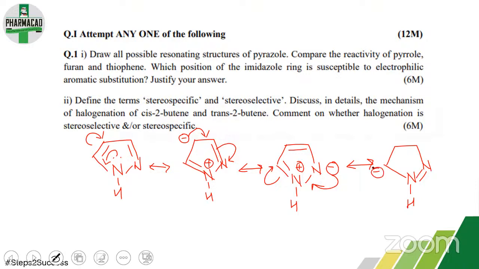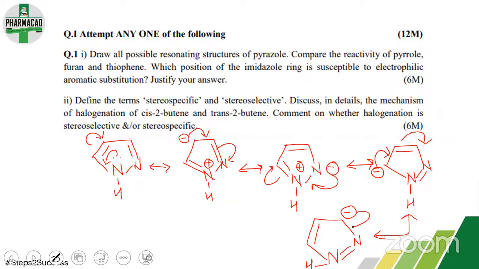This bond gets shifted over here, so we will get a negative charge on this carbon atom. After this, we will get this negative charge on this carbon and a double bond on this carbon and carbon. We have nitrogen with a double bond, and this is with hydrogen.